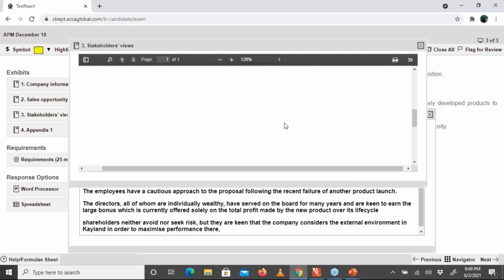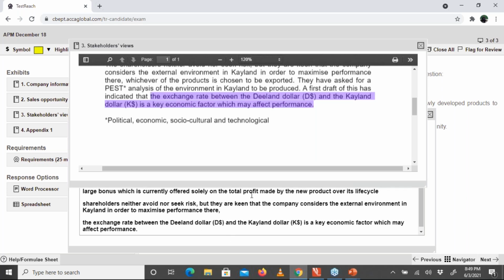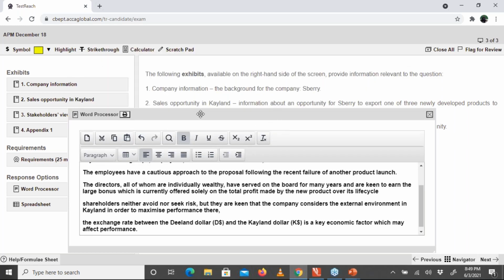Political, sociological. So they have actually told you what the PEST means. This is what they have told you. So the exchange rate could be considered the key critical factor.